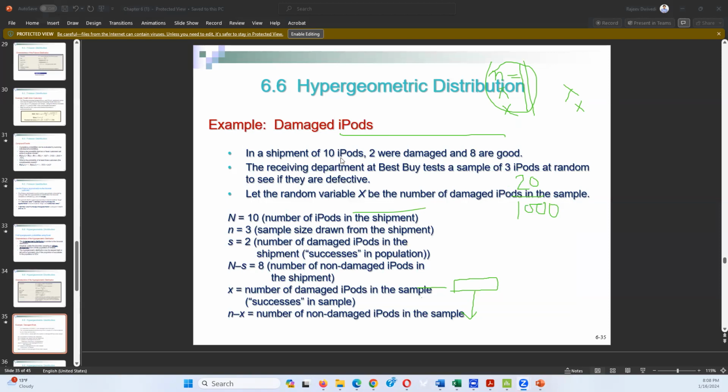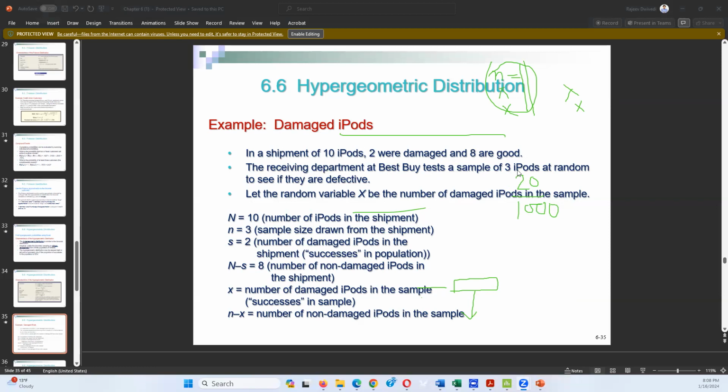In a shipment of 10 iPods, 2 were damaged and 8 are good. So capital N is 10, which is the total population size.